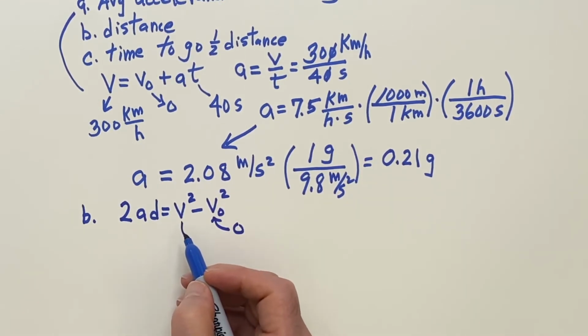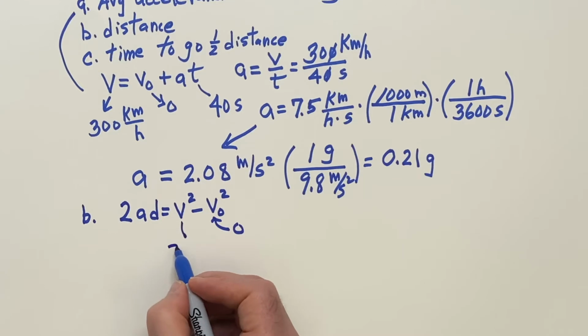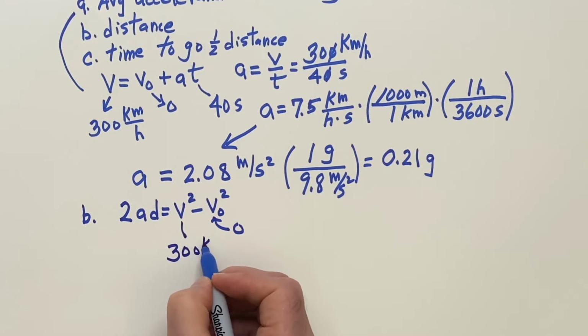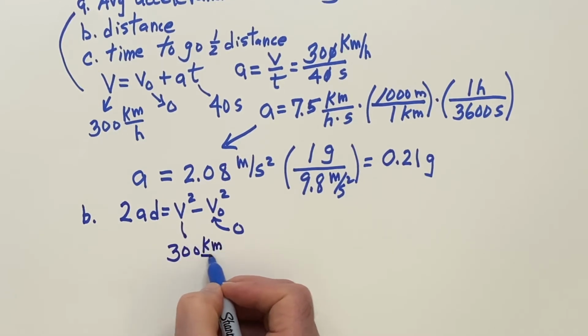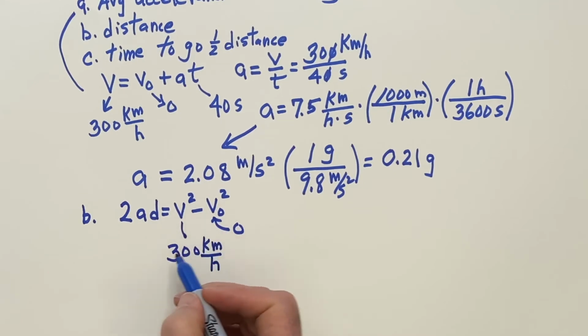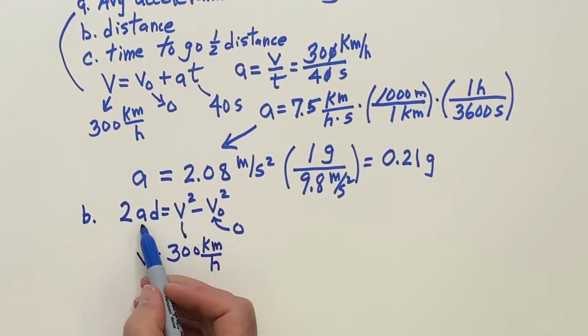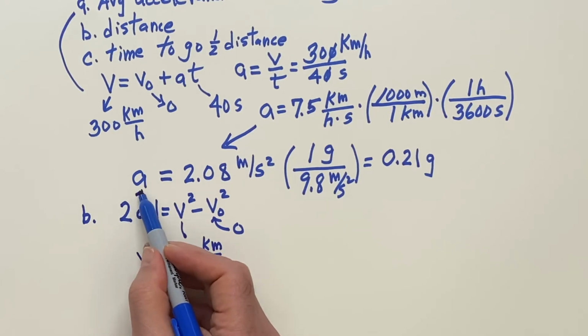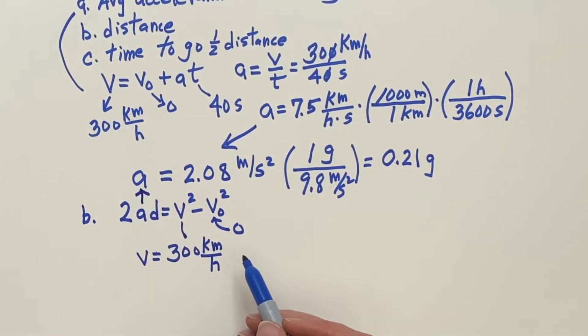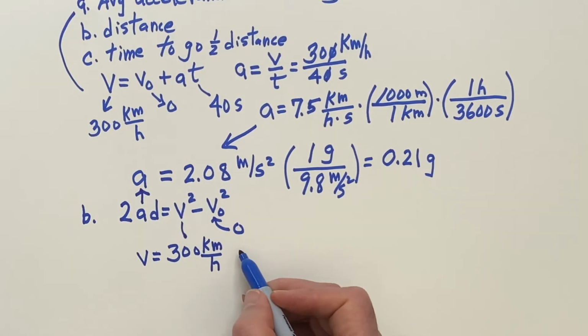This one here is going to be the 300 kilometers per hour, and then you have to square it, but that's what the v is. And we know what the a is. The a is right up there. But now I need to work with meters per second. This is my preference. So we need to convert.